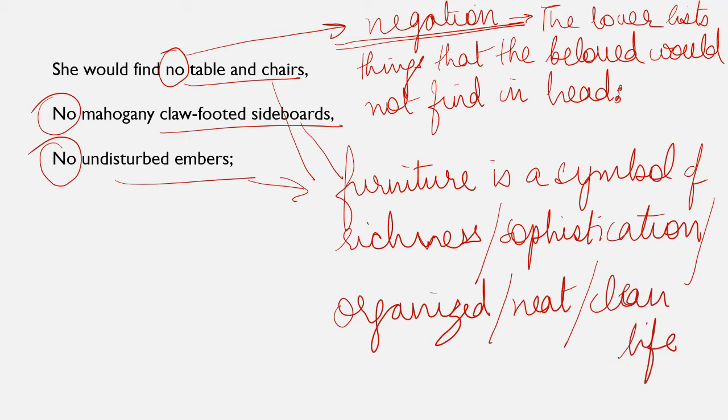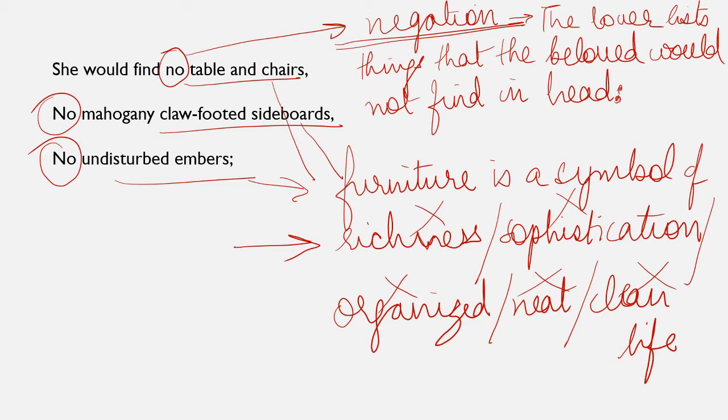But unfortunately, his life is nothing like this. It is not rich, not sophisticated, not organized, not neat, and not clean. He only thinks that there is only dirt in his mind and nothing clean about it.